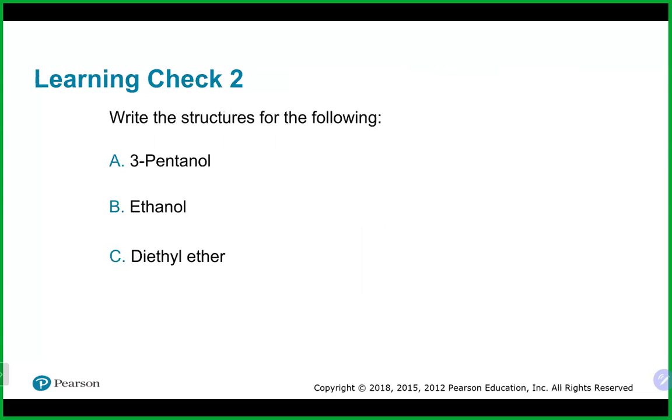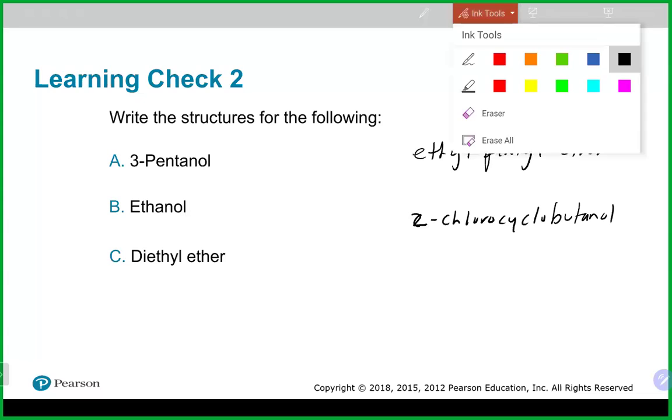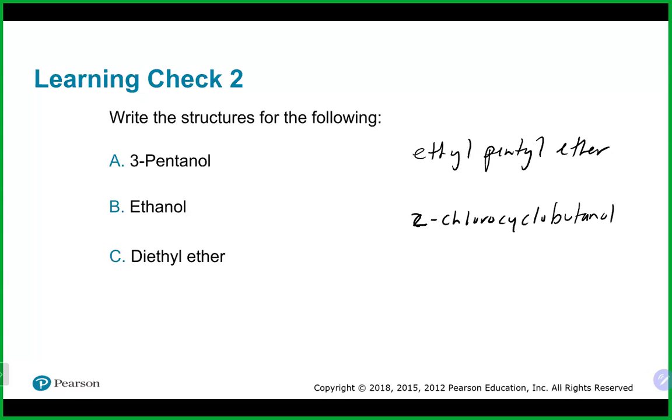All right, so to finish up here. Since we're getting down, let's take a look. Again, 3-pentanol. We could just start with our 5 carbons.